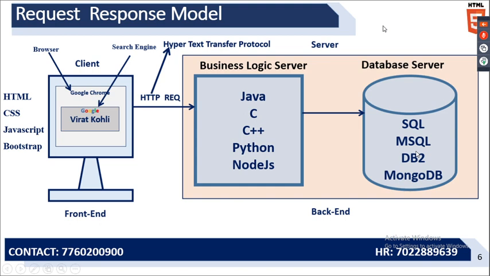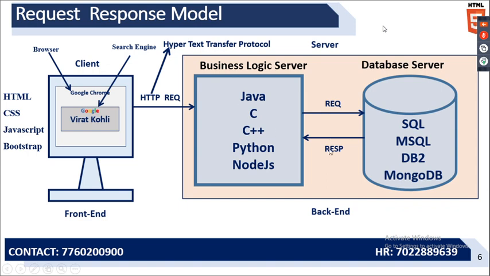Any website that has used the keyword Virat Kohli will be returned as a response to the request. The database server will fetch all the websites and send the response to whom?